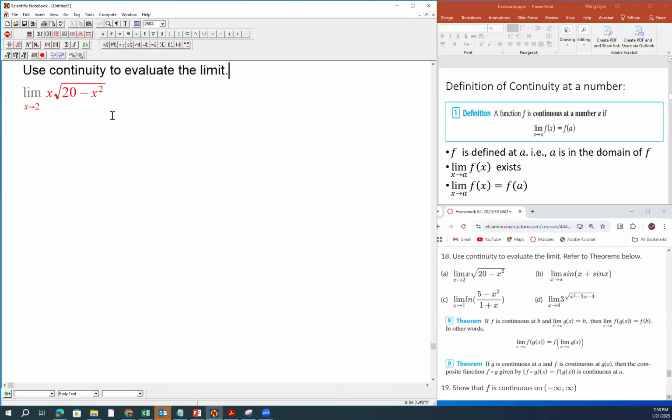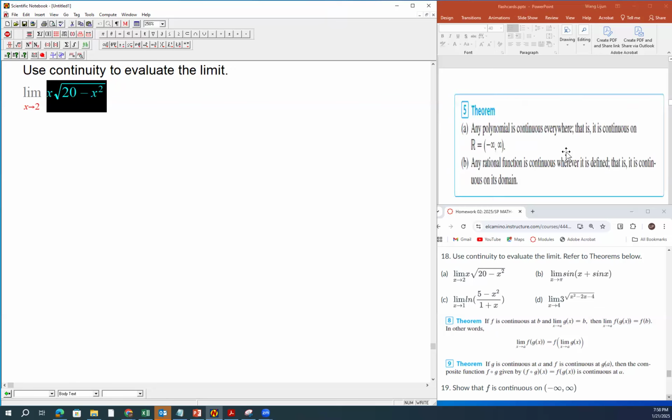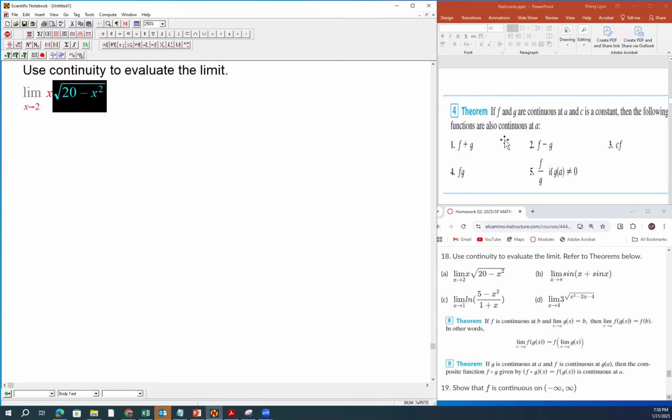We have to make a case to say, is this function continuous at 2? We have all these nice properties here. This looks like a polynomial and a root function, so we have one function multiplied by another function. f is the polynomial x, g is a root function. If both functions are continuous, then the product is continuous at 2.